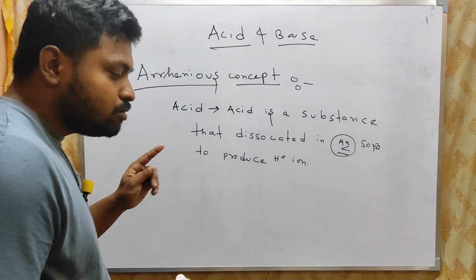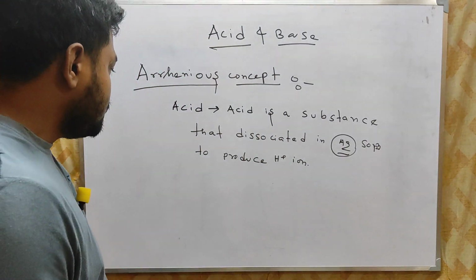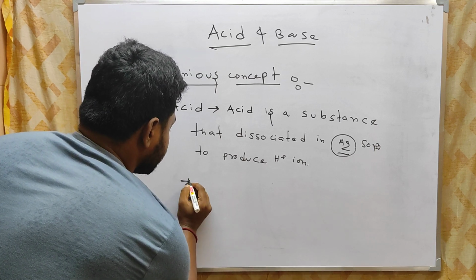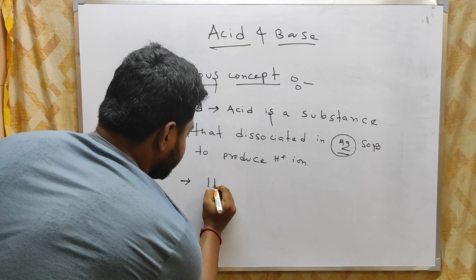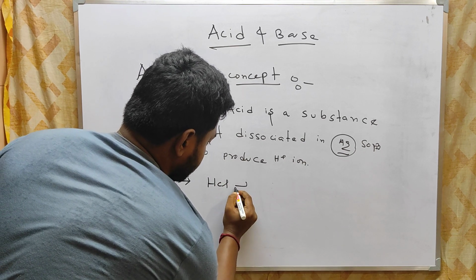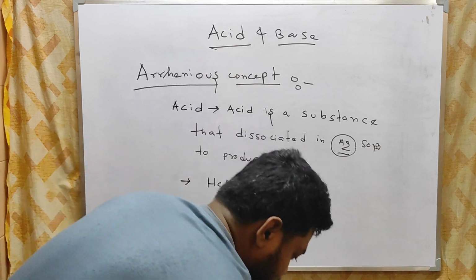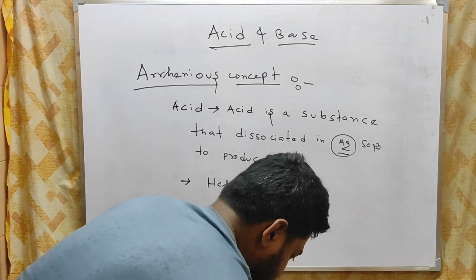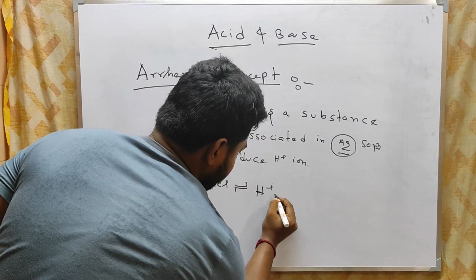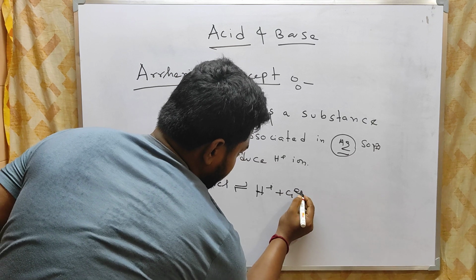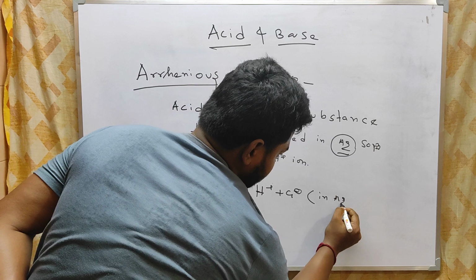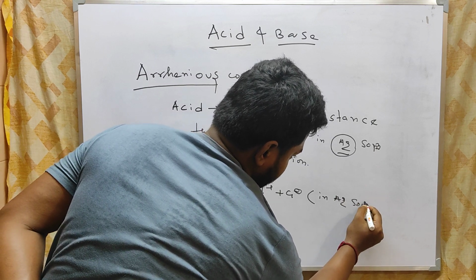Okay, so look at one example. If we take an acid, an example of Arrhenius concept, this is HCl. HCl dissociates to produce H plus plus Cl minus. Mind it, in aqueous solution.